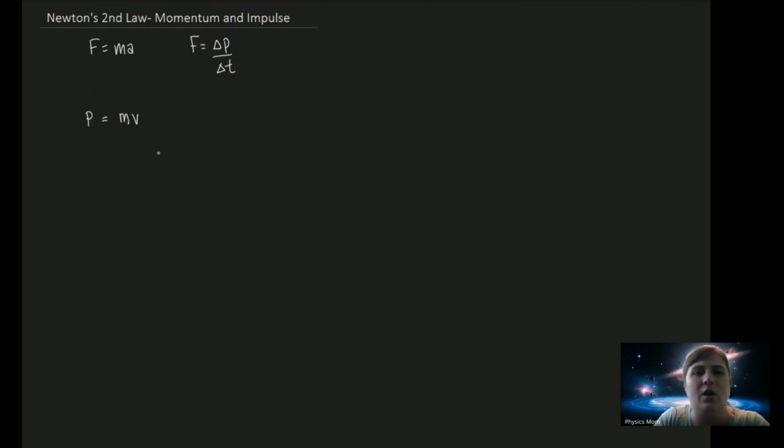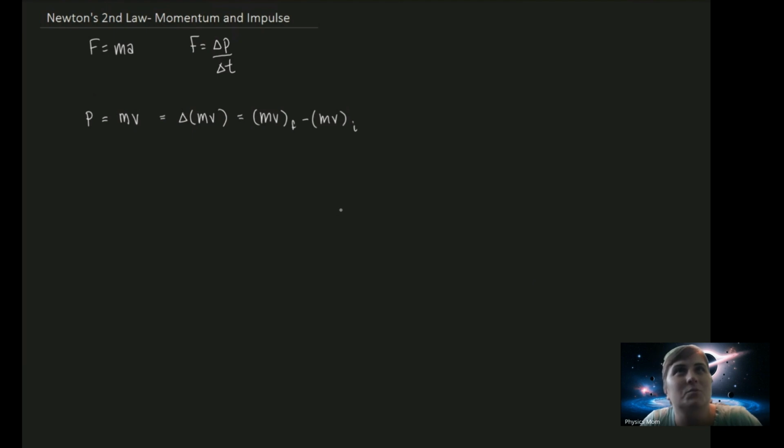And this idea of change in momentum is that I have the change in the mass and the velocity of a system. And that change in anything is always the final minus the initial. So that's going to equal the mass and the velocity final minus the mass and the velocity initial.